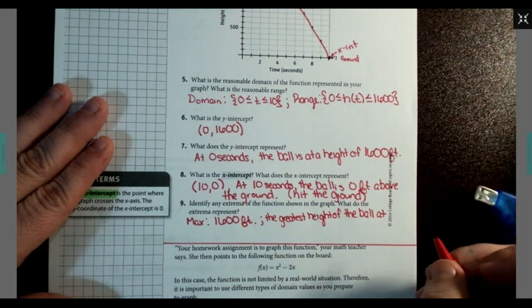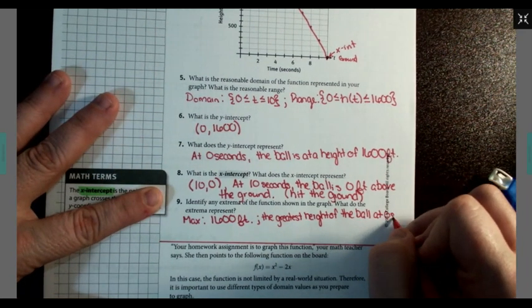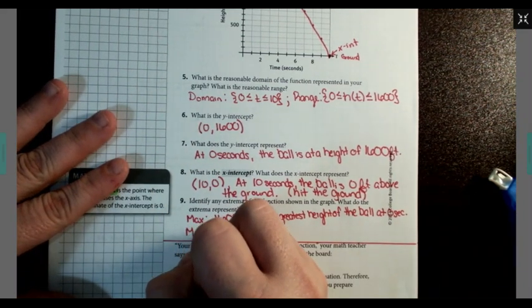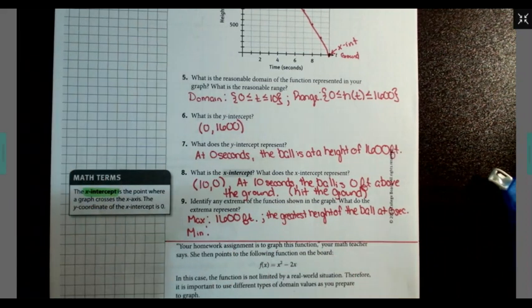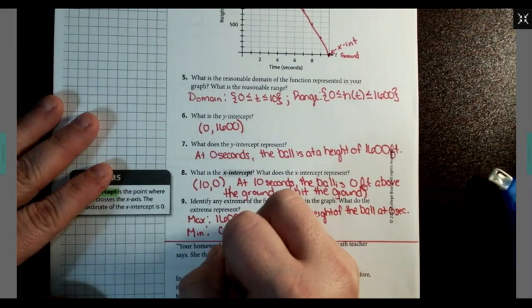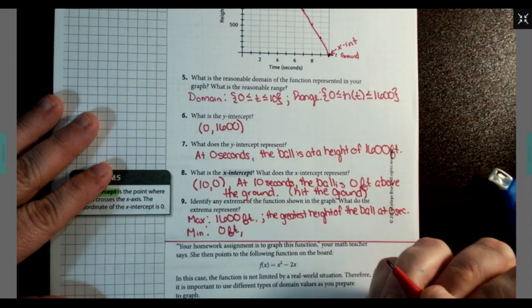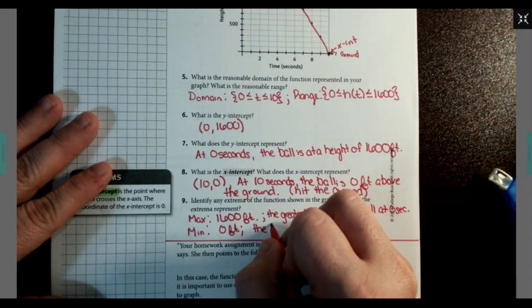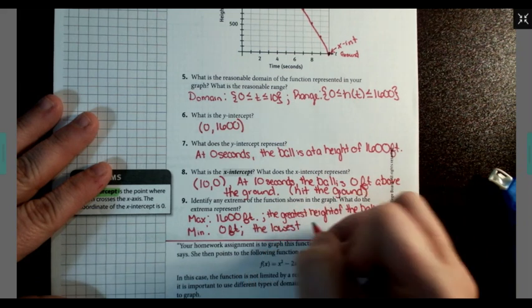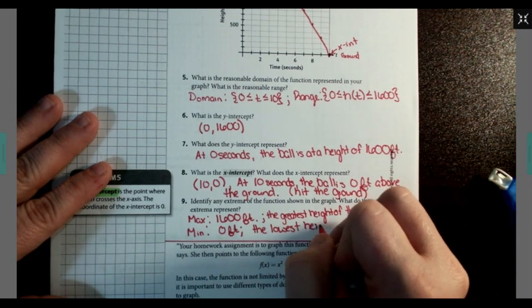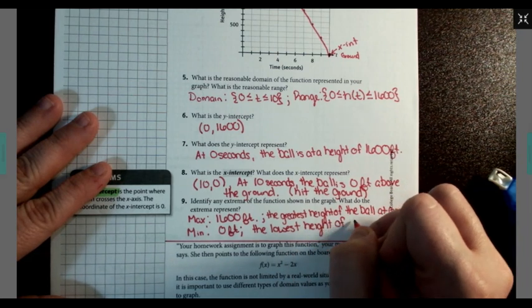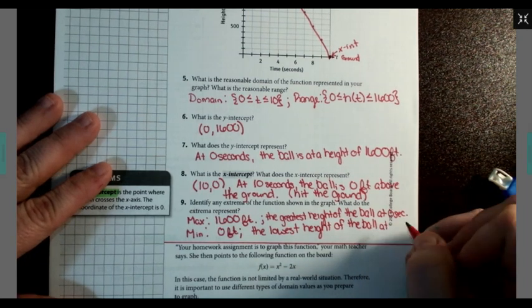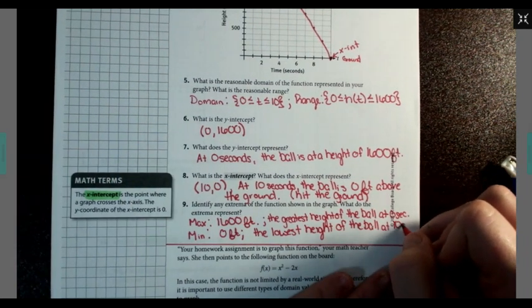And that was at 0 seconds. What about min? The lowest value is 0 feet, which is the lowest height of the ball at 10 seconds.